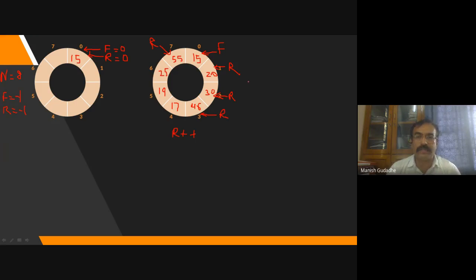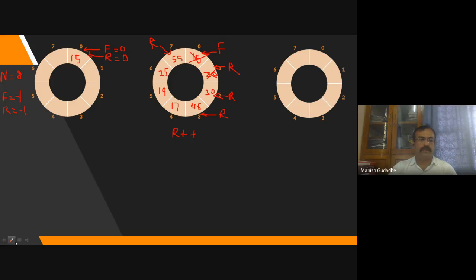Now let us say that we are removing 15. Okay, we are removing 15. We are removing 20 also. So what will be the scenario now if we are removing both of them? It will be 30, 46. If I am removing all this, rear will be unchanged.